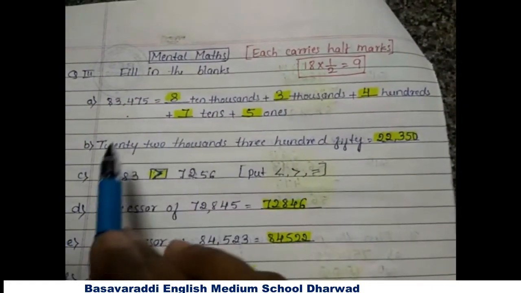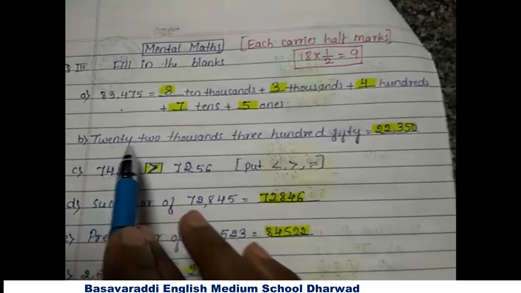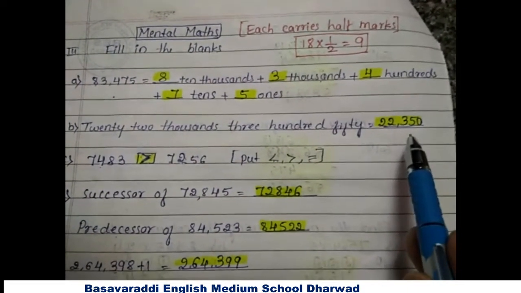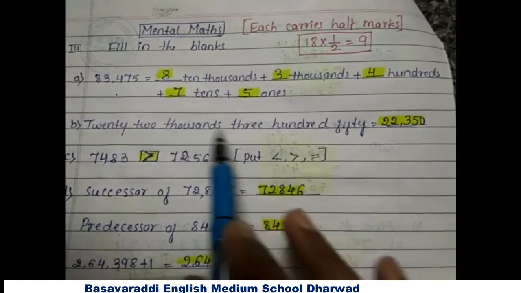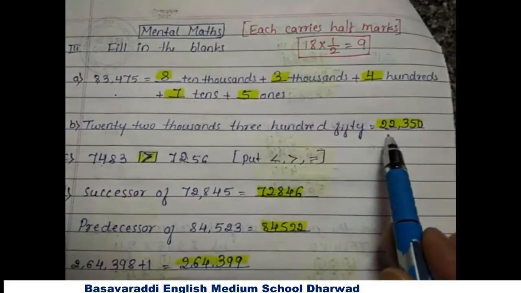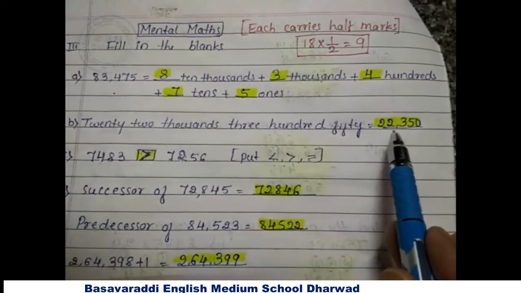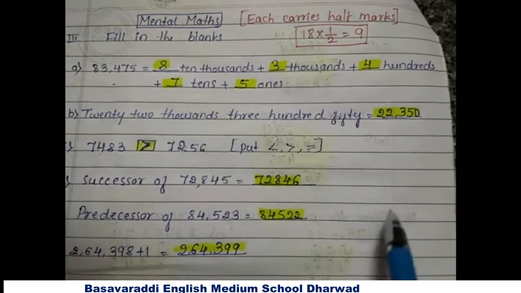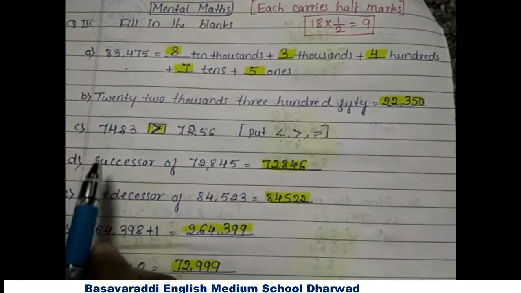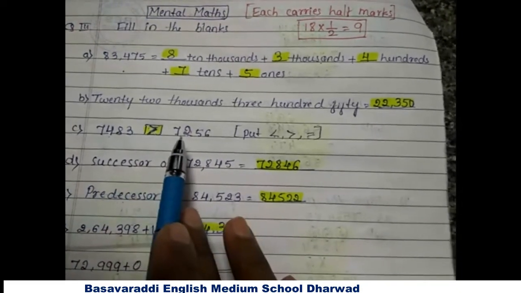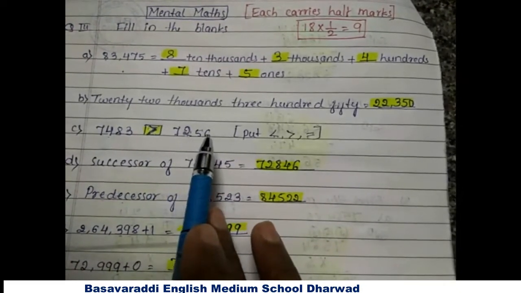We filled the number. Next, the B question, 22,350. Write the face value of this number, or write this one in numerals. Next, the C question, 7,483 box 7,256.